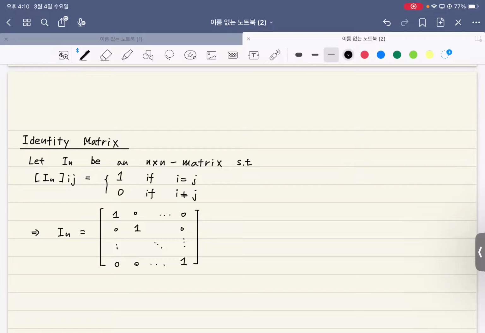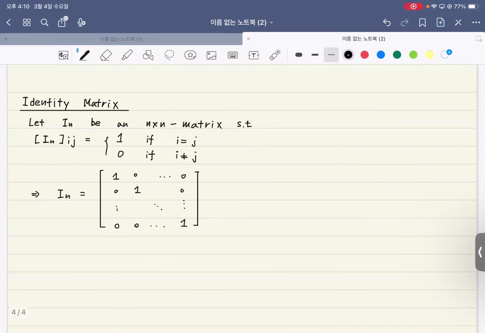So diagonal entries equal 1 and all the other entries equal 0. So this is the identity matrix. Why do we call this an identity? Because it plays the role of the identity element in matrix multiplication.